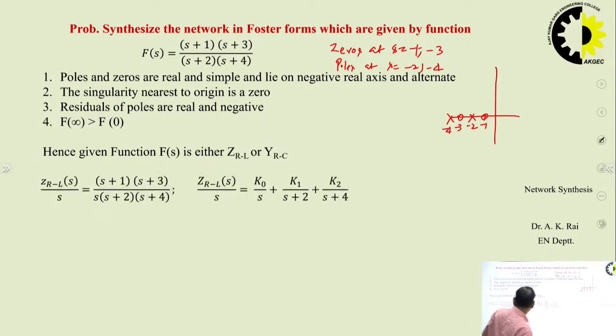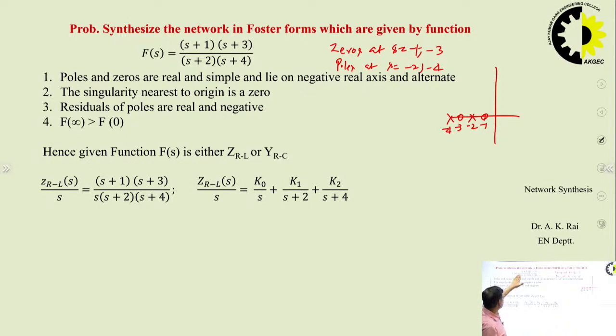So, here the residuals of poles are real and negative. So, what will we do? Just divide by s. Now, we have checked this F(s), this F(s) is nothing but ZRL or YRC. I have considered ZRL, so I am going for the Foster first. For the Foster first, we have to carry out the partial fraction expansion.